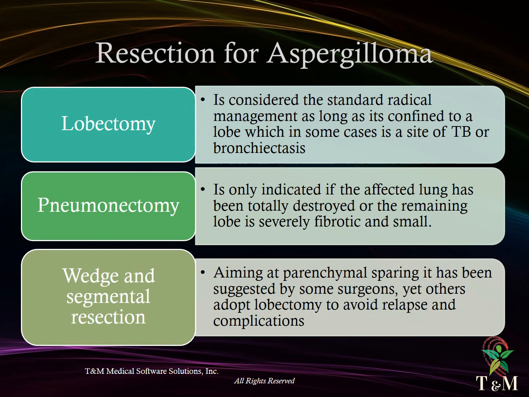Lobectomy is considered the standard radical management as long as the disease is confined to a lobe, which in some cases is a site of tuberculosis or bronchiectasis. Pneumonectomy, on the other hand, is indicated if the affected lobe has been totally destroyed and the remaining lobes are severely fibrotic and small, and in the operation, the estimation of lung expansion will be impossible or difficult.